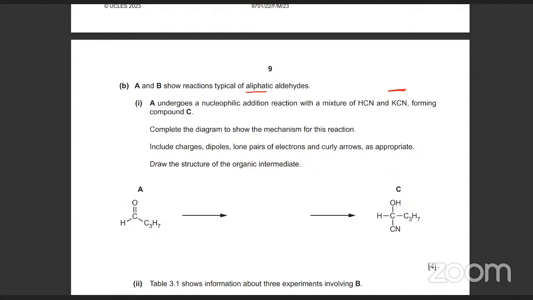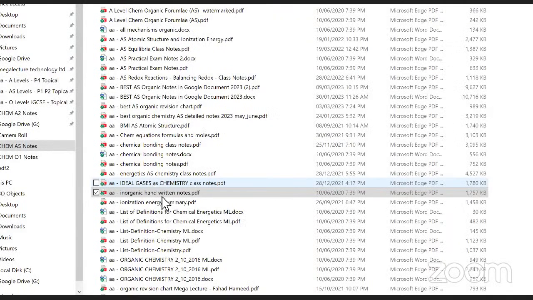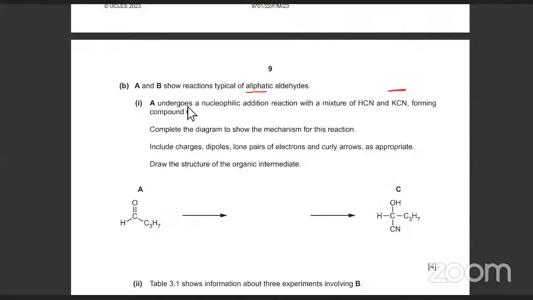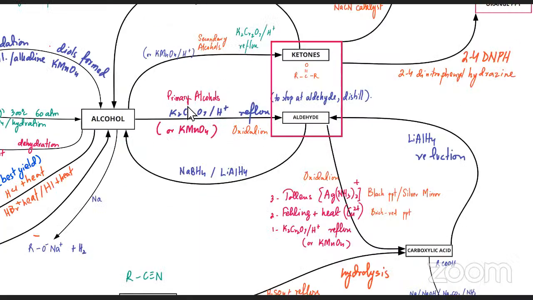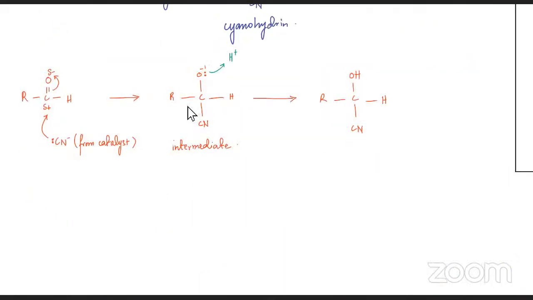A undergoes nucleophilic addition reaction with a mixture of HCN and KCN forming compound C. Complete a diagram. So he's asking for the mechanism of nucleophilic addition with HCN. वो बस notes के अंदर the mechanism. Nucleophilic addition is कहाँ पे revision chart. The CN minus is going to come in and attack the carbon that's positive.